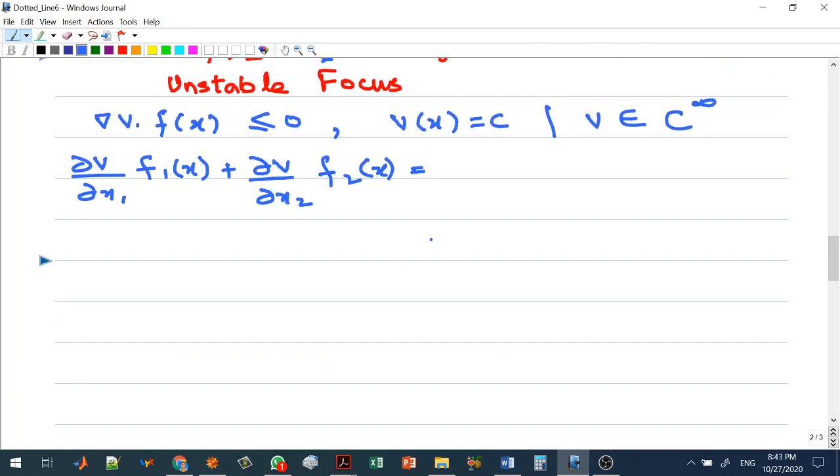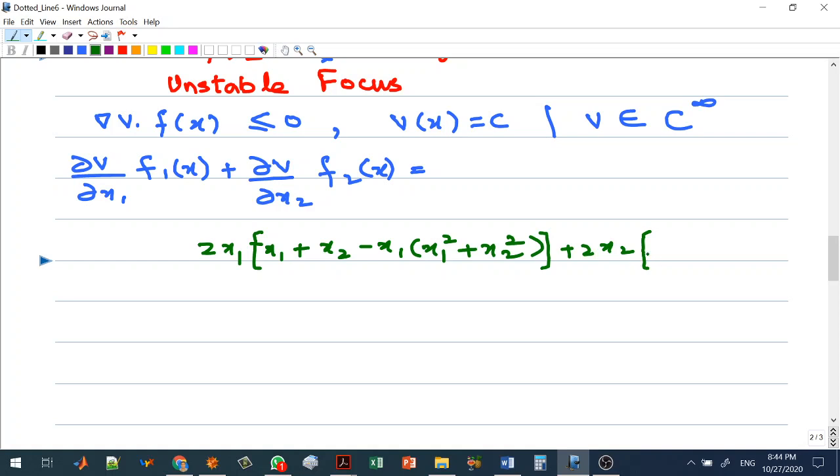Okay. So if we calculate this, this is quite a long expression, so I'm going to write it downward over here: 2x1 times (x1 plus x2 minus x1 (x1 square plus x2 square)) plus 2x2 times (minus 2x1 plus x2 minus x2 (x1 square plus x2 square)).